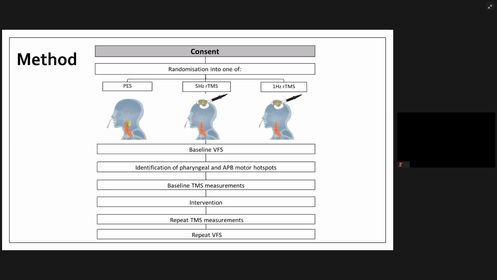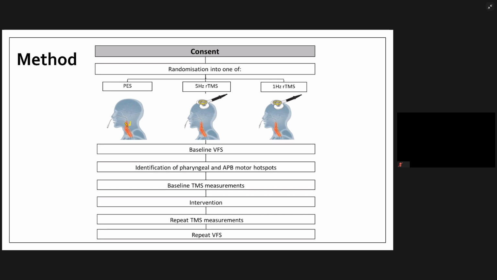So participants were consented and then randomized into one of 3 groups: PES, 5 Hz RTMS, or 1 Hz RTMS. In each of these groups, participants had real or sham stimulation in a crossover manner, with each participant acting as their own controls.